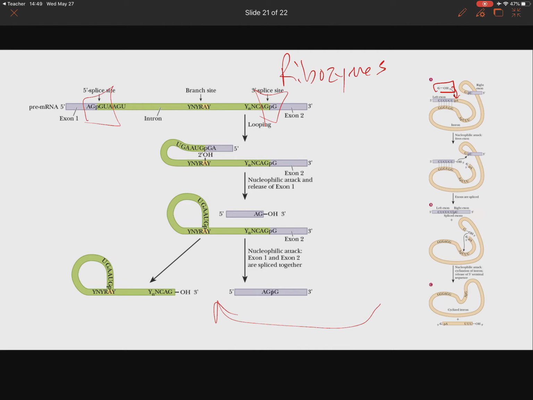So ribozymes are self-splicing and self-catalyzing enzymes, and of course, we're talking about protein and RNA complexes throughout most of this anyway. But remember, a ribozyme has catalytic activity where normally we see proteins doing that.